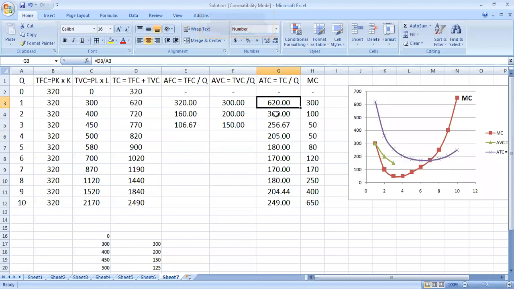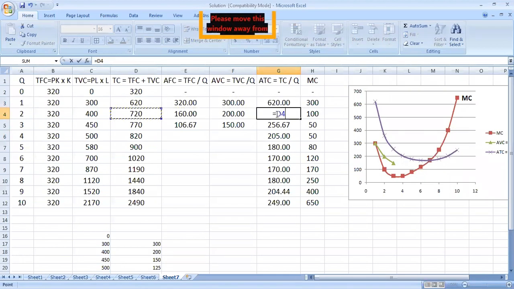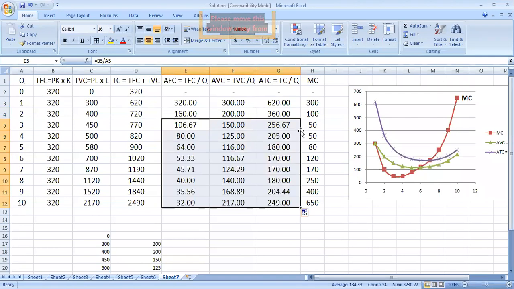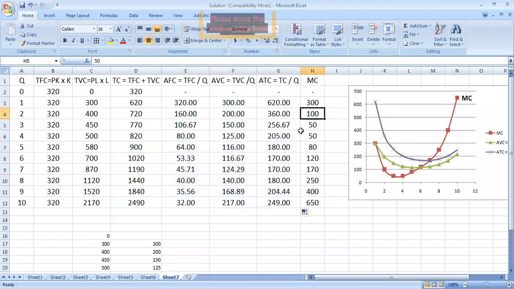Similarly, 620 should be divided by 1, the answer should be 620. 720 divided by 2, the answer should be 360. Then 770 divided by 3, the answer should be 256, right? And when we just scroll down the entire three concepts, the remaining values for all the three average members have been obtained.